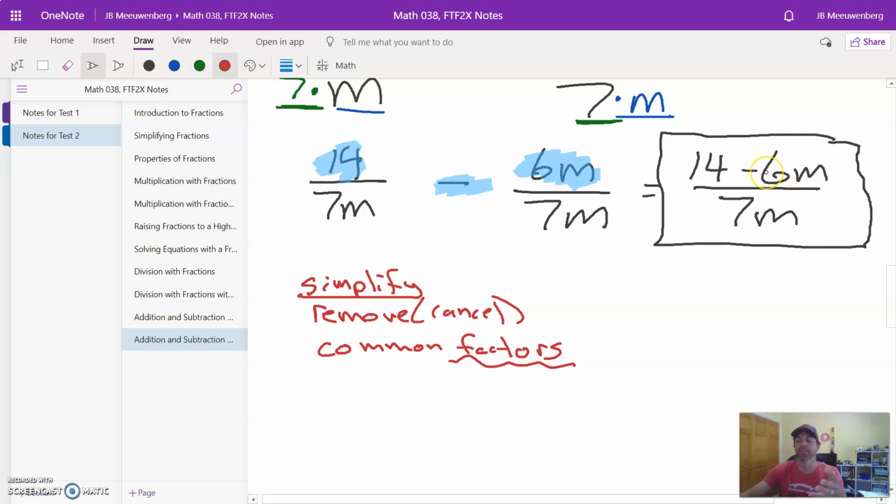We'll talk about that later, actually, in Math 40, canceling more complex polynomials and things. But because that m isn't in both of these terms, you can't cancel it. So for now, simplifying a fraction is removing common factors, which means it has to be only multiplication all the way across the top and the bottom.